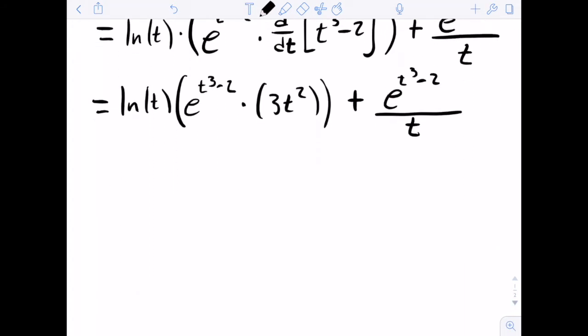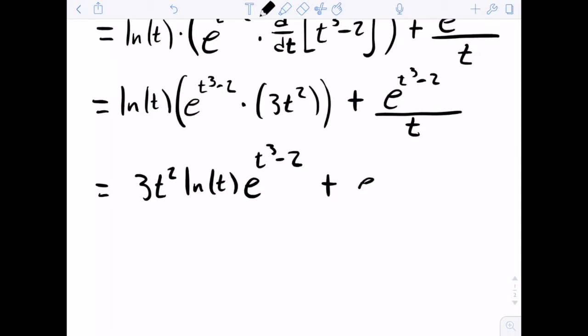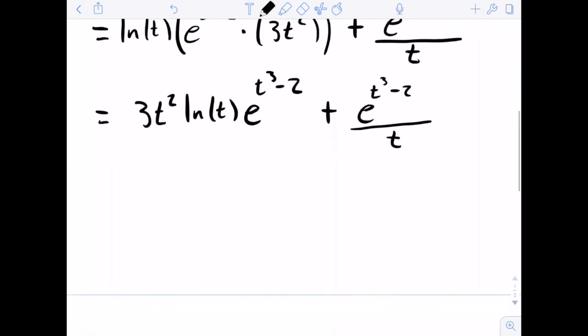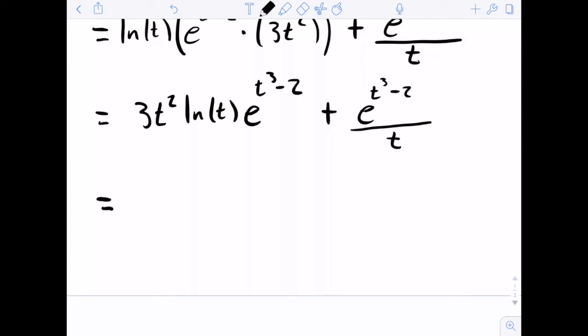Okay, so how can we simplify this? Let's first, just to see this a little bit better, put the 3t squared out in front. Ln of t, and then we have e to the t cubed minus 2, and then we've got plus e to the t cubed minus 2 over t. So both of these terms have a common factor of e to the power of t cubed minus 2. So we are going to factor that out.